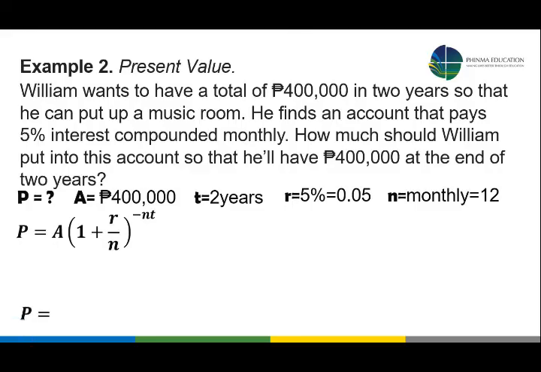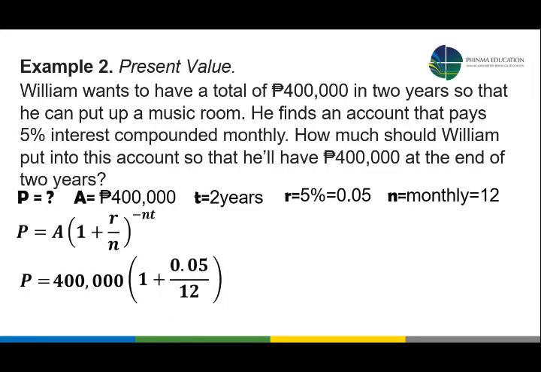That would be equal to A, which is 400,000, multiplied by the quantity 1 plus 0.05 as r divided by 12 as n, raised to negative 12 multiplied by 2. Negative 12 is n, 2 is t for 2 years. Again, I advise you to calculate it in the scientific calculator at once, direct.